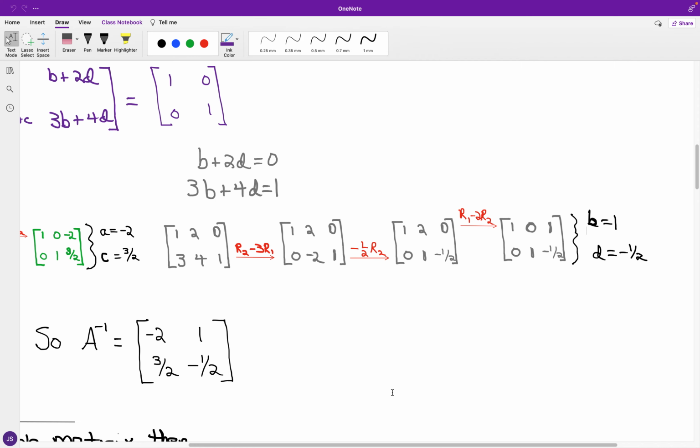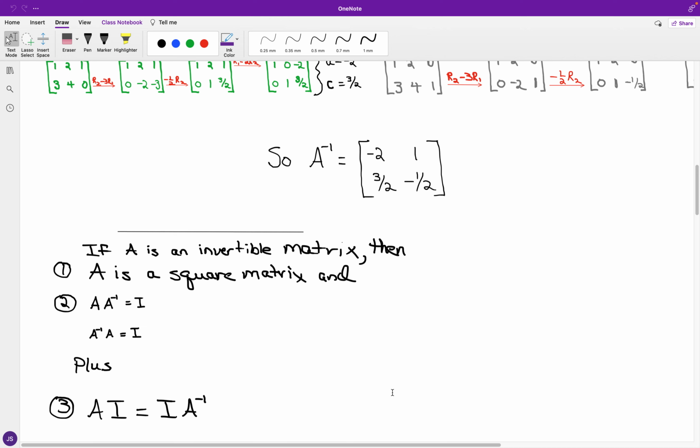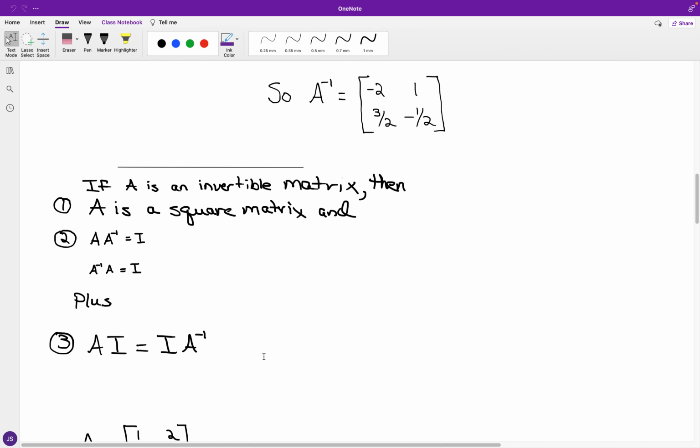And there's another way of going about solving for the inverse, along with the rules, whereupon if I had A as an invertible matrix, first of all, A is a square matrix, and in addition the product of the matrix and its inverse is equal to the identity, and also the inverse times A is equal to the identity matrix itself. I'm also going to have this property where A times the identity is equal to the identity times the inverse of A.